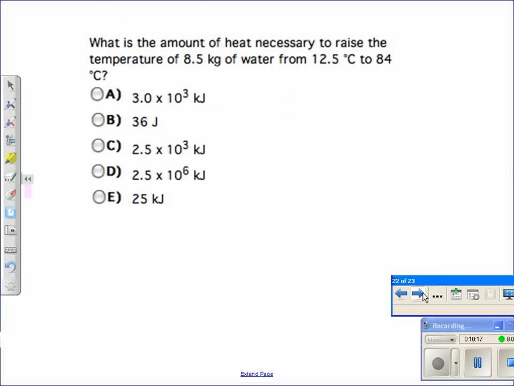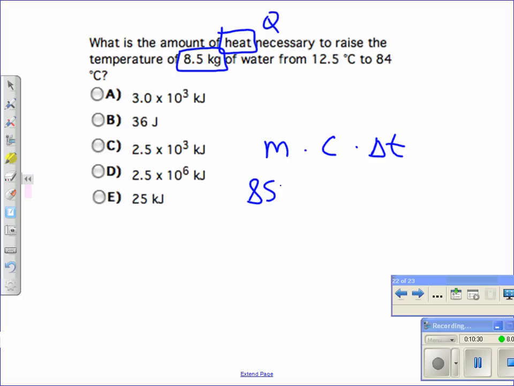So here's an example of a problem. Amount of heat. So they're having you solve for Q. Q is going to be equal to m c delta T. Well, what do they tell you? 8.5 kilograms of water. You can't have kilograms, so I change it to 8,500 grams. Specific heat of water: if you don't know, the specific heat of water is 4.184 joules, or 1 calorie. And then finally, temperature.